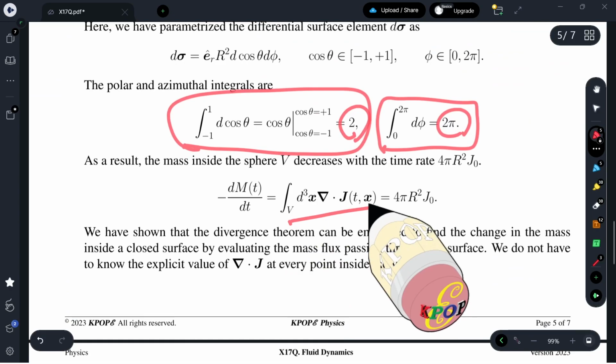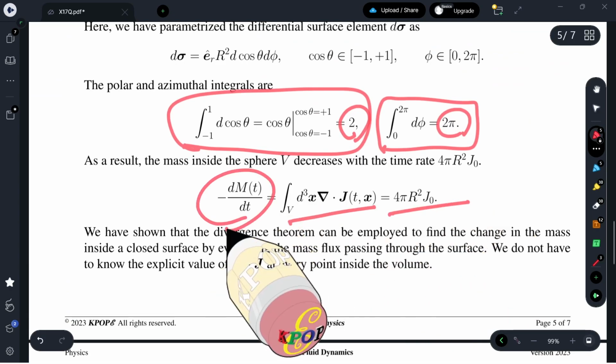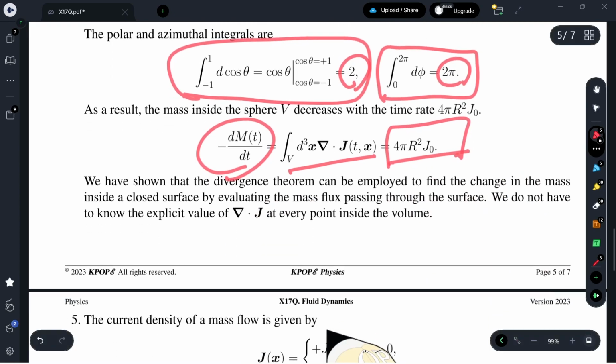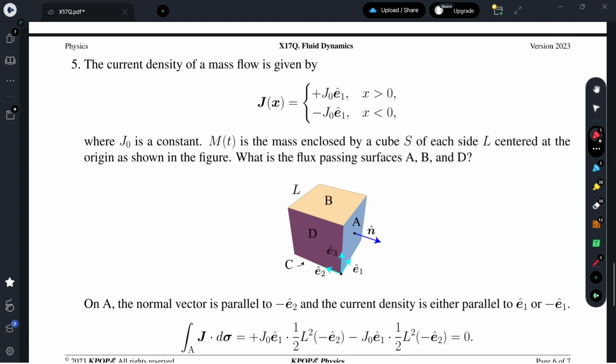This integral is identical to this. Therefore, what is this? That is this. Okay. So number 5 is explained in the X17NQ. Please refer to X17NQ.